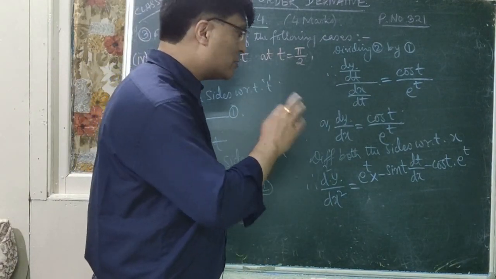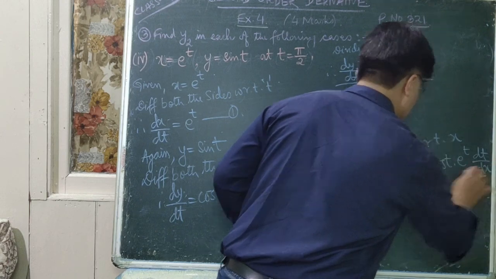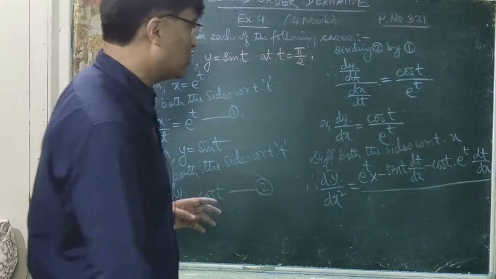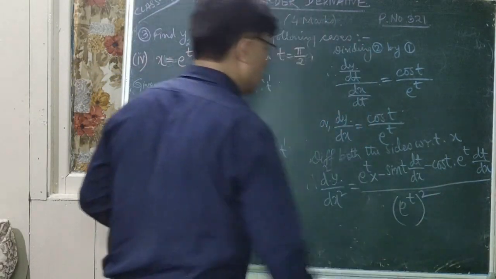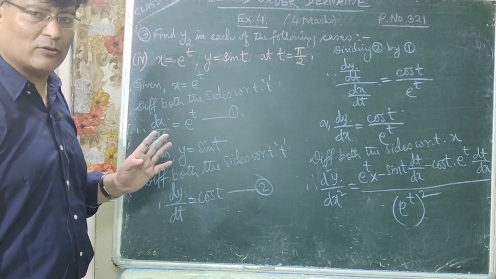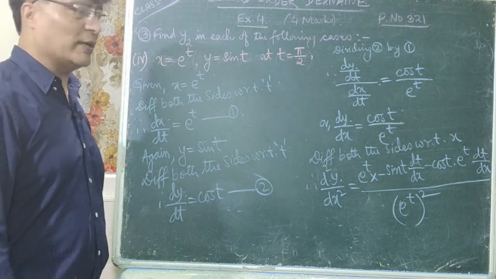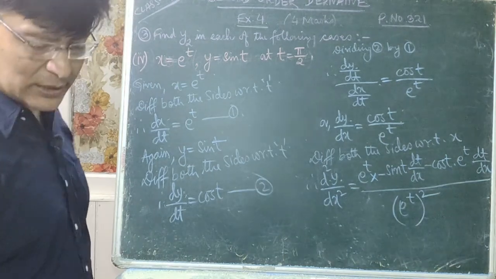What is the differentiation of t with respect to x? It is dt by dx. So this whole divided by denominator whole square. What is denominator whole square? It is e to the power t whole square. Is that clear now? So this is the value for d square y by dx square. Now you have to simplify it, right? So now let us simplify it.